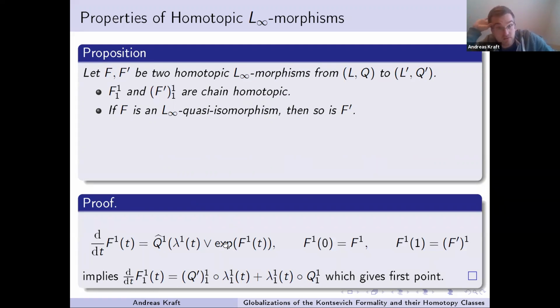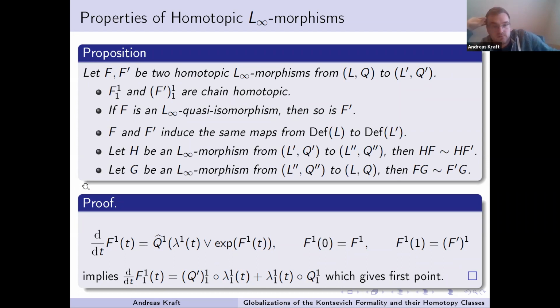Remember that homotopy equivalence means that we have a path f of t and a path lambda of t that satisfy this differential equation, such that f evaluated at 0 is the first one, and at 1 it's the other L-infinity morphism. If we look at this equation and just at the 1-1 component, then on the right-hand side we get only Q prime 1-1 with lambda 1-1 and the other way around. Then we can integrate this equation and we directly get that they are chain homotopic.